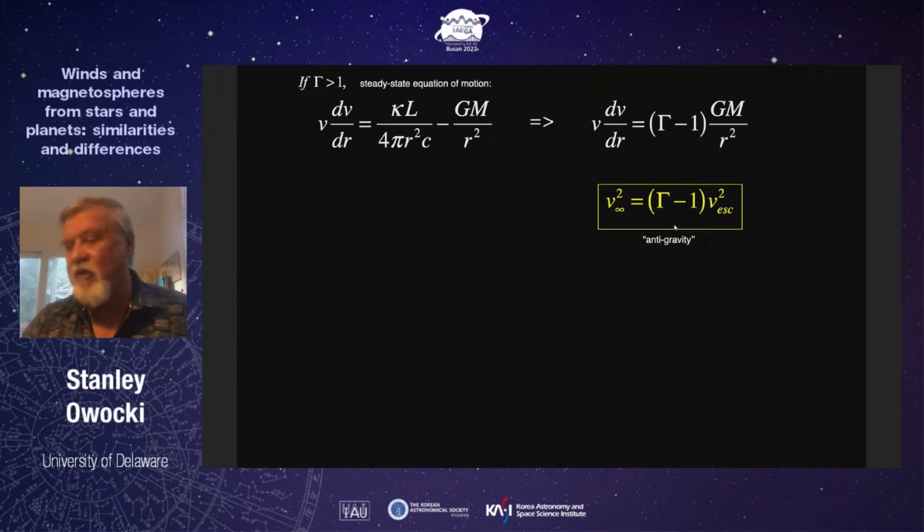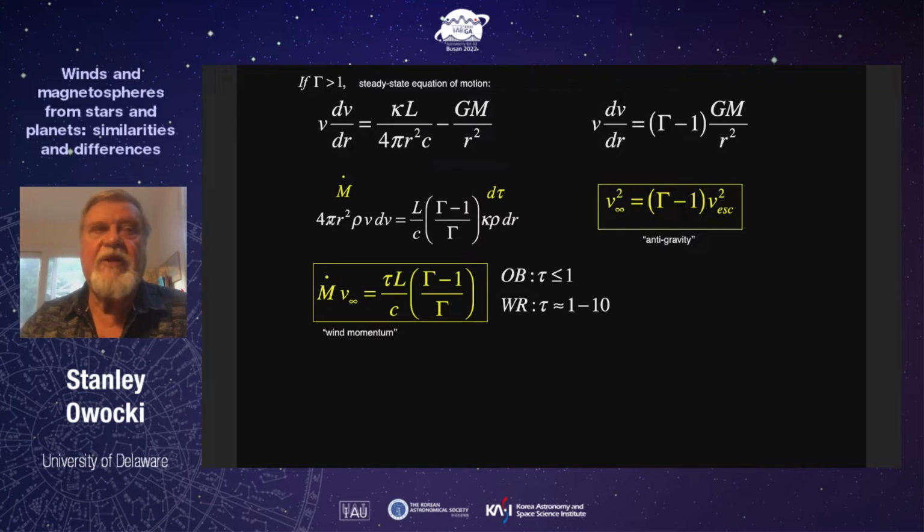So, for example, if somehow we magically had a radiation force imparted on all of us, whether you're in Korea or back here in the United States, if the radiation force were twice gravity, then we would all fly away from the Earth and reach a terminal speed of the order of the escape speed of the Earth, about 12 kilometers per second. Now, in addition, this equation on the left can be manipulated.